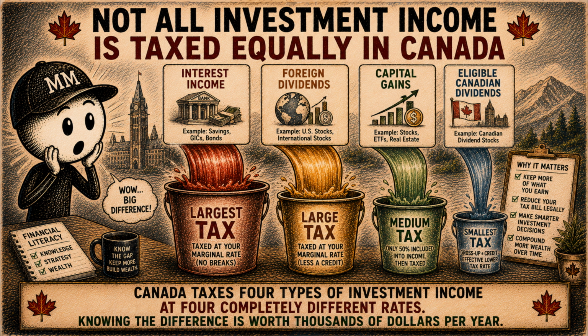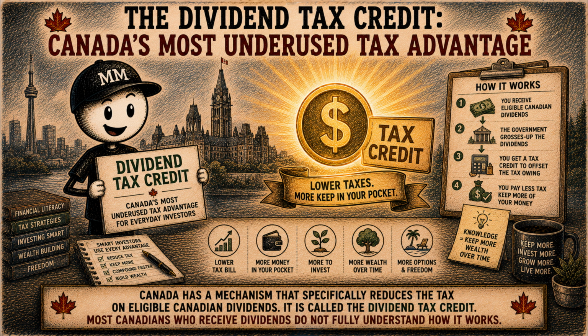Interest income, eligible Canadian dividends, non-eligible dividends, capital gains, and foreign dividends are each taxed at completely different effective rates. And the gap between the best and worst taxed types of income at a middle-class Canadian income is enormous.